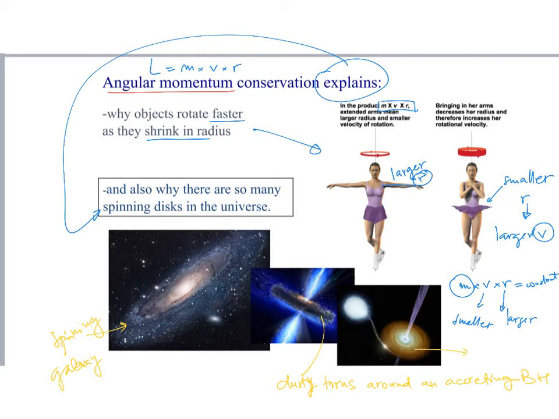Or this is basically the accretion disk around a white dwarf. We'll learn about all these things later on. These are really nice examples. So you see, we're going to meet these laws of conservation fairly often from now on. So it was important that you understand what they are and why they happen.